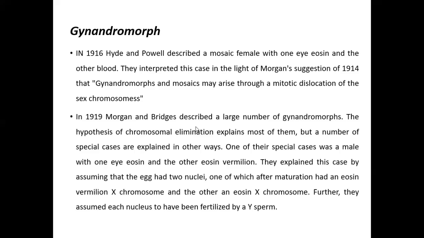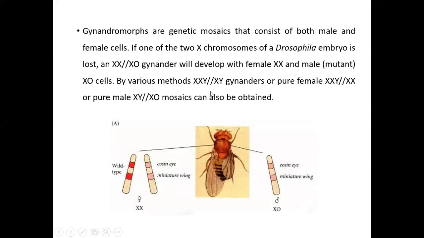Gynandromorphs that arise in a process involving sex-linked mutant genes may be particularly spectacular in appearance. They are looking very nice. Here you can see half will be male and half will be female.